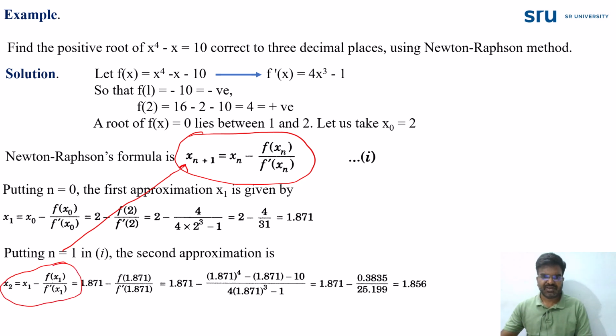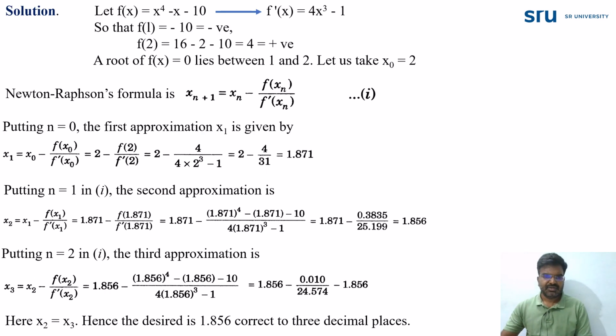We have to put x1. What is our x1? It is 1.871. See, the result is 1.856. That is x2. Next, for the next approximation, we can use x2. See, we are calculating the next approximation x3 by using x2.